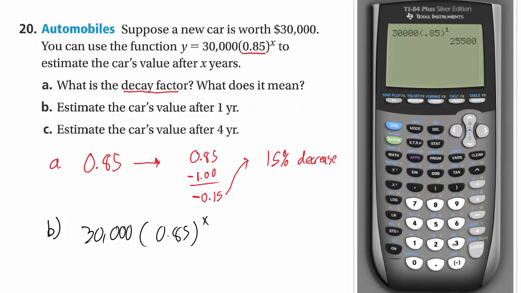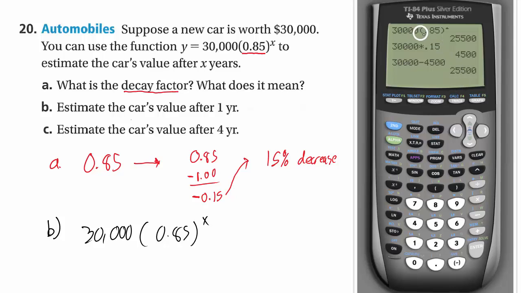If I took 30,000 and I multiplied it by 15%, I'm arguing that this is you lose 15% each year. If I take 30,000 and subtract what 15% of 30,000 is, notice how I get the same answer?